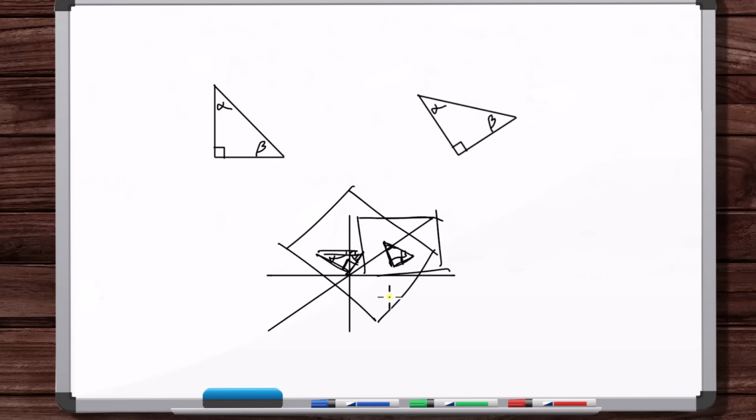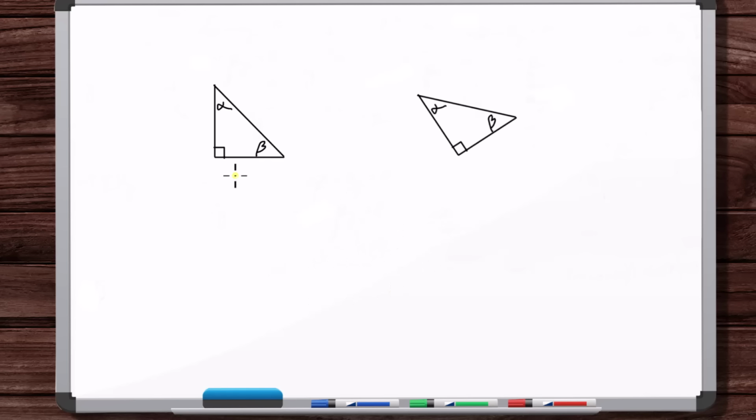It's still the exact same triangle. As long as we didn't stretch it or shrink it or change the orientation between the sides, in other words, change the angles of the triangle, then we can spin it in any 3D way, and it's still the same triangle. Okay, now we've kept this completely general so far.